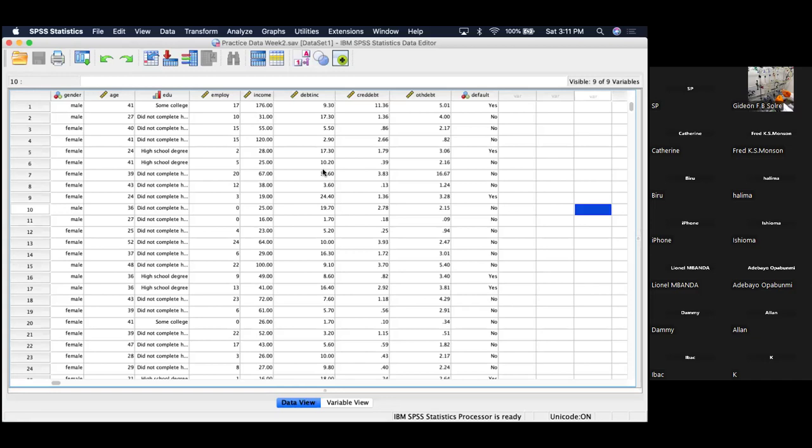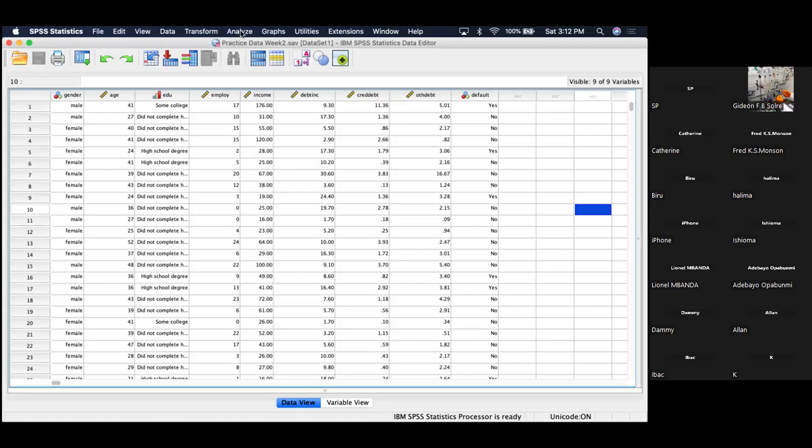So the essence of this analysis is for us to predict or develop a model that shows us the odds of someone defaulting on loan payment given certain number of predictor variables.